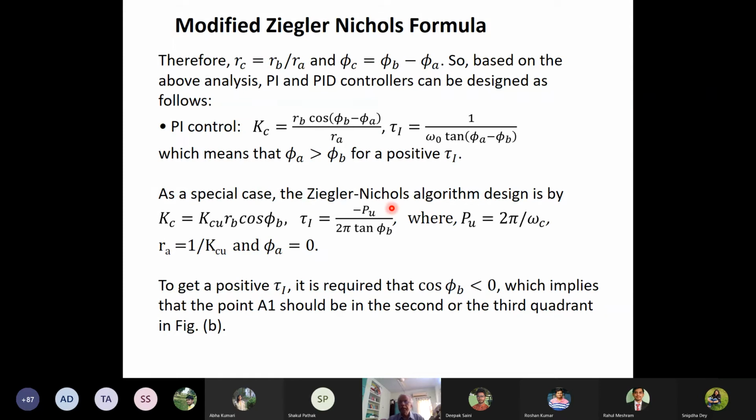So if you take the Ziegler-Nichols tuning parameters, these relationships become: Kc will be Kcu Rb cos phi B, and tau I will be minus Pu by twice pi tan phi B. So Pu will be twice pi by omega C, and Ra will be 1 by Kcu, and phi A will be equal to 0, because this is at the phase crossover frequency.